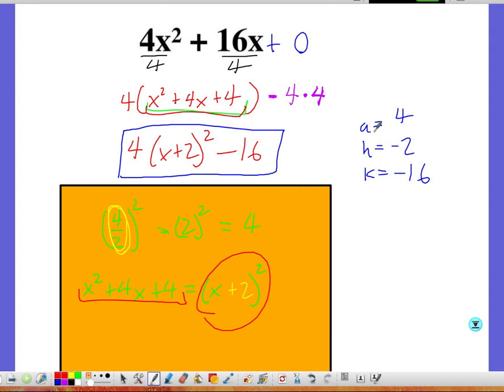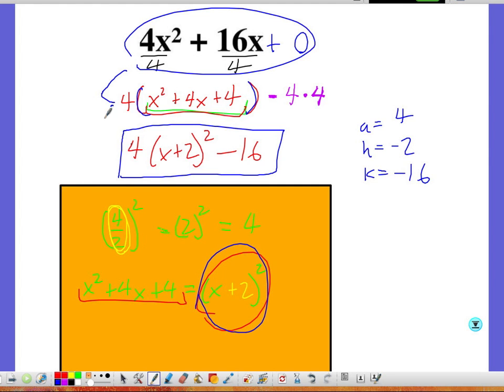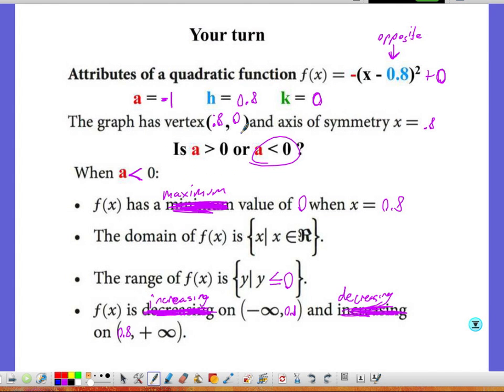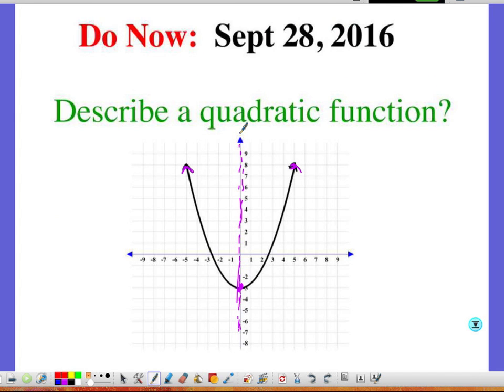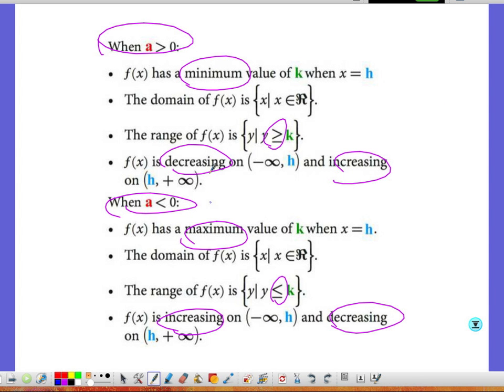And so we took the standard form of an equation and we completed the square, and once we completed the square, we put it into this form right here, and that gets us the vertex form. And from the vertex form, we can find h and k, which means once we have h and k, we can go ahead and find all the different attributes of a quadratic function. Going back to this.